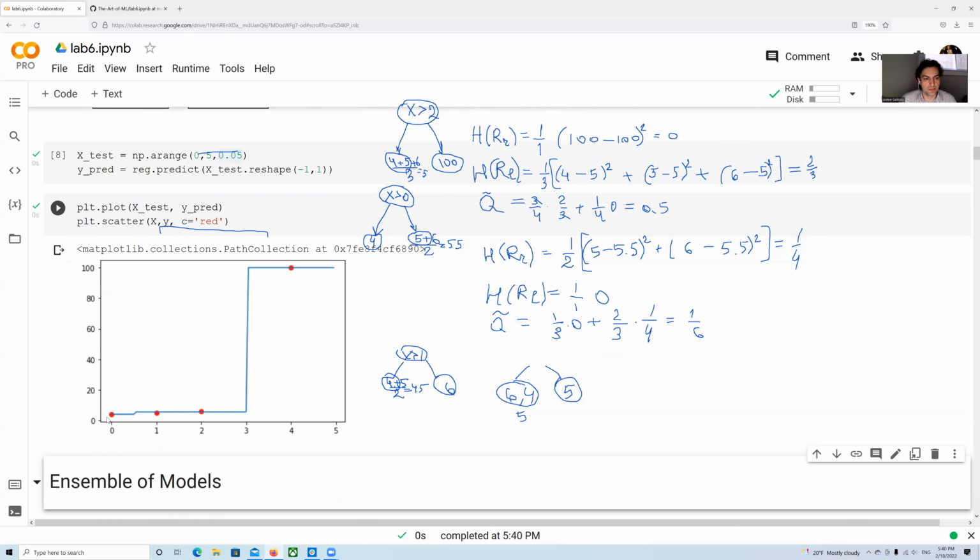Our data are red points: 4 for 0, 5 for 1, 6 for 2, and 100 for 4. And here is our decision tree, which is the function of arbitrary value x.